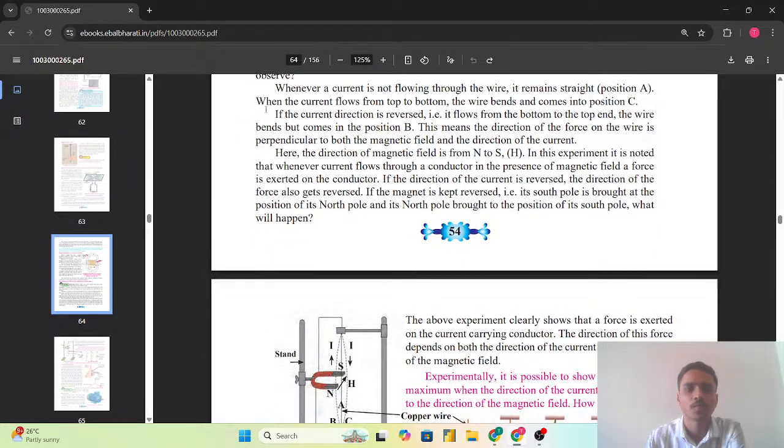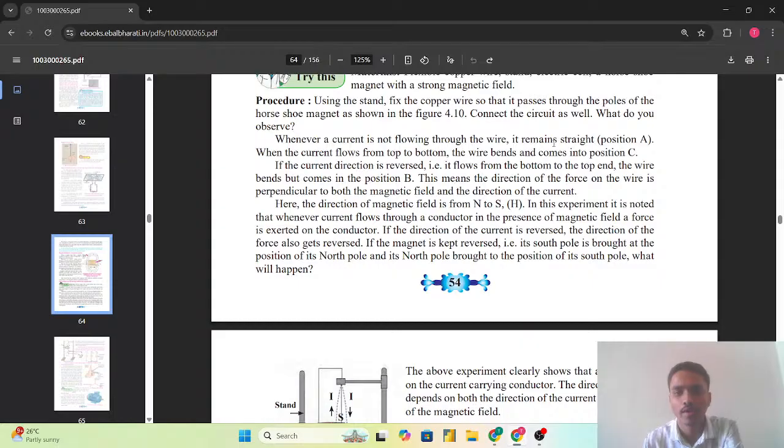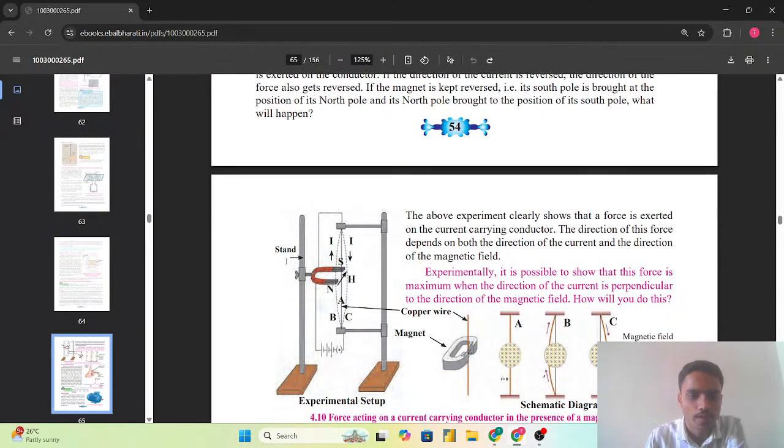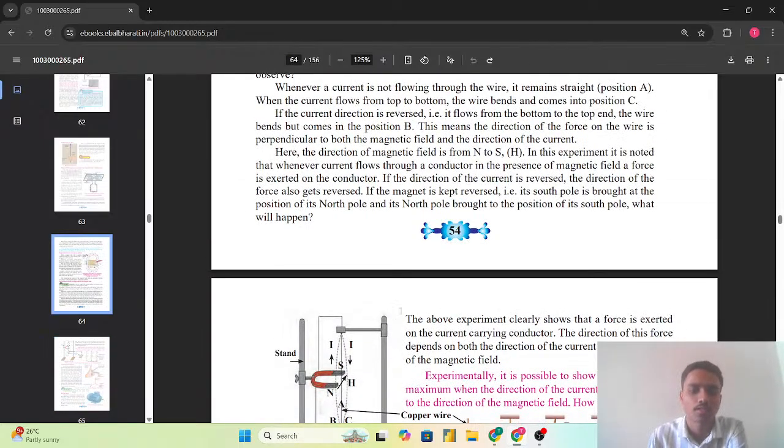What do you observe? Whenever a current is not flowing through the wire, it remains straight, position A. As we perform this experiment, we take one horseshoe magnet and put it on the stand, and attach one straight current carrying conductor to another stand.